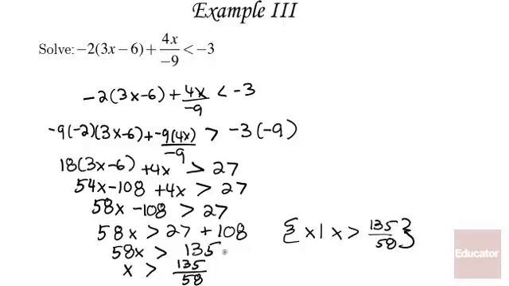To graph this, you need to figure out, if you divide 135 by 58, it's a little bit larger than 2. It's approximately 2.3. So I could go ahead and graph that out as well. So 2 is here, 2.5 is about there, 2.3 is about right here.